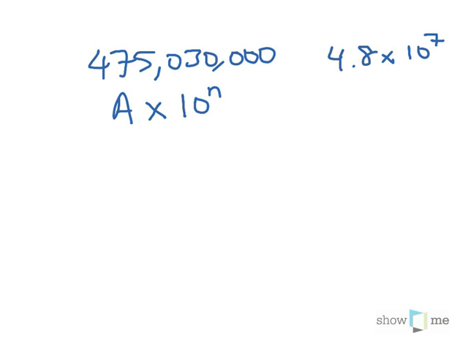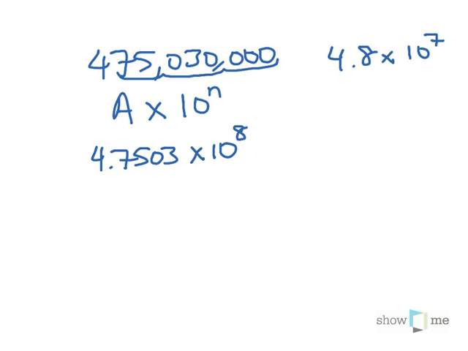Well, the way to do that is to put a decimal point between 4 and 7. So we rewrite this number 4.7503 times 10 to a power. Now, in putting the decimal point between the 4 and the 7, we move the decimal point 3, 6, 8 places, so it should be 10 to the 8th power.